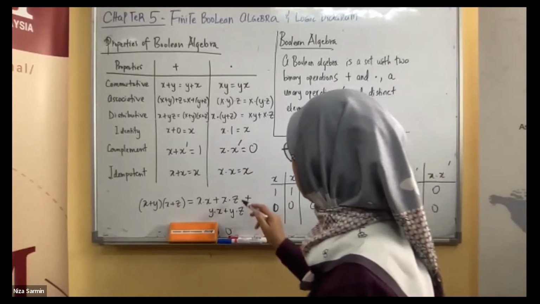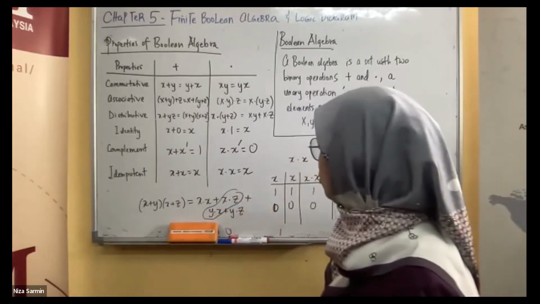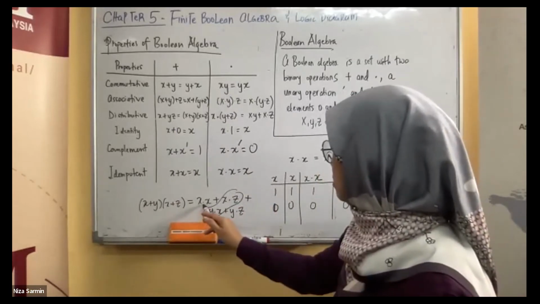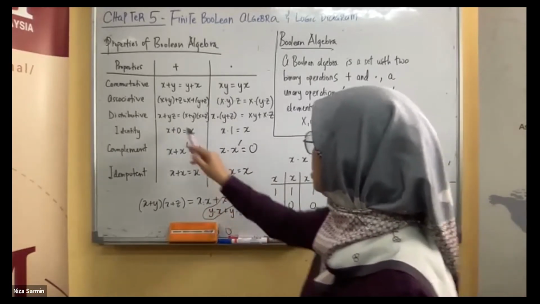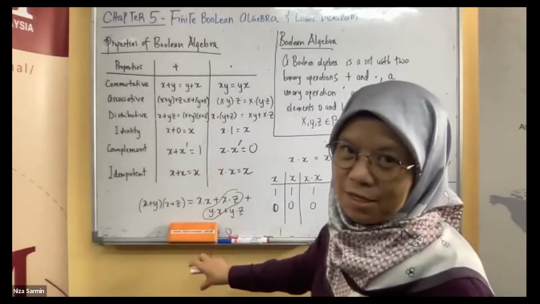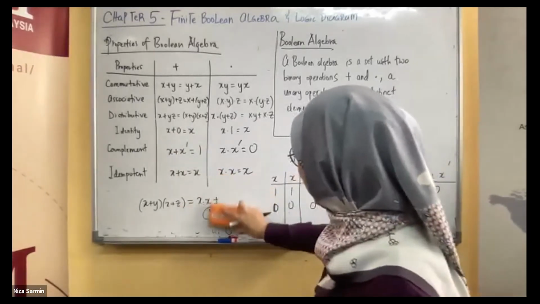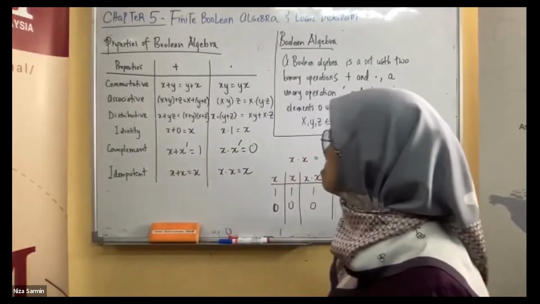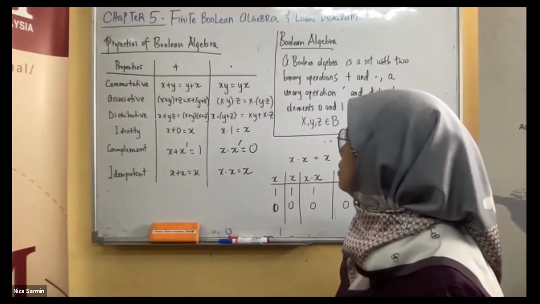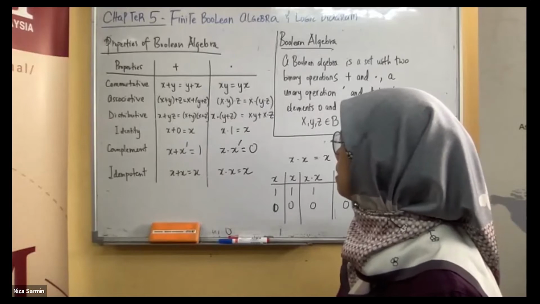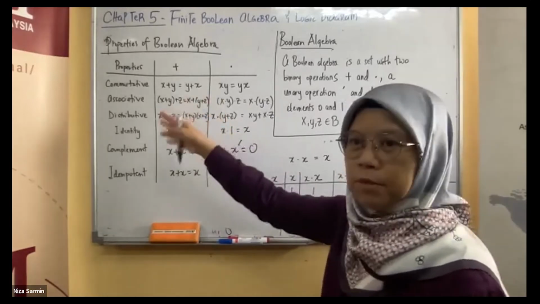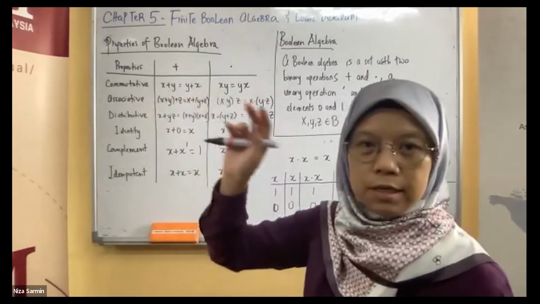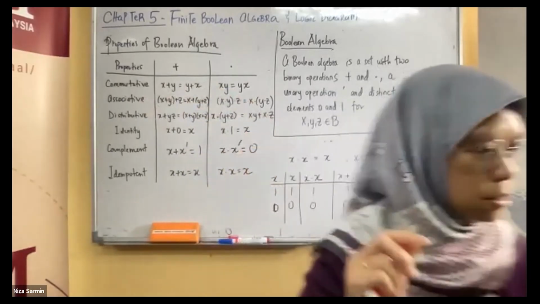Okay, and you think about where did this go, right? Because you only have x plus yz, but that is the identity. If you want to try to find the reason, you can find the reason. Okay, this can be shown by the truth table.